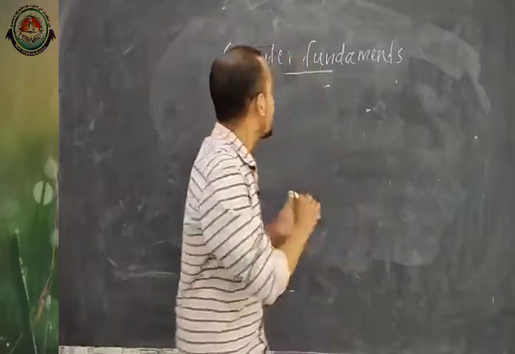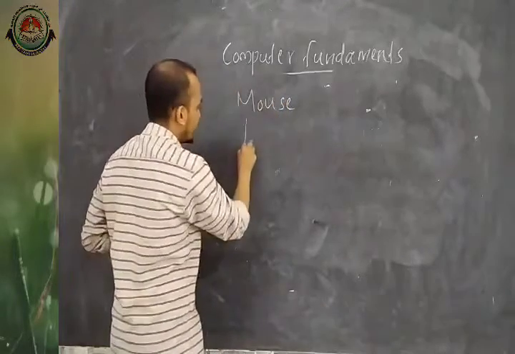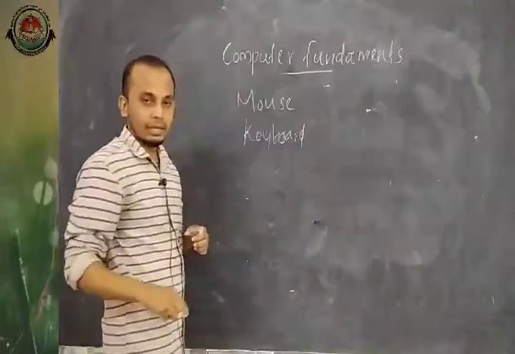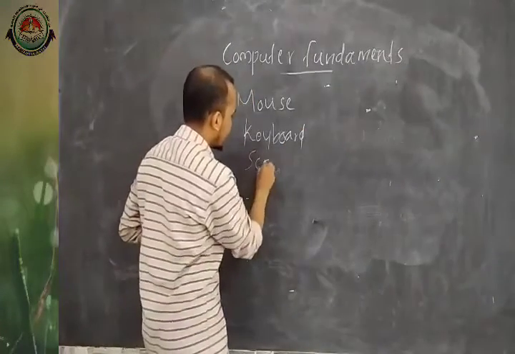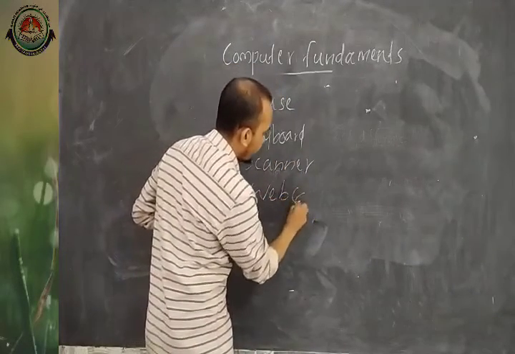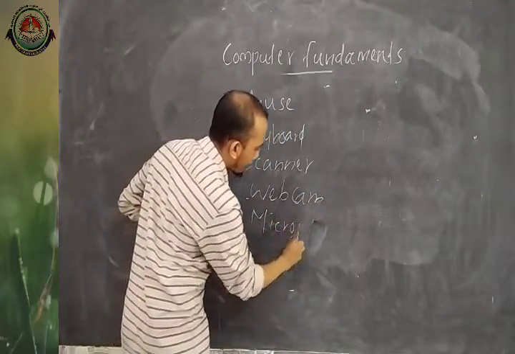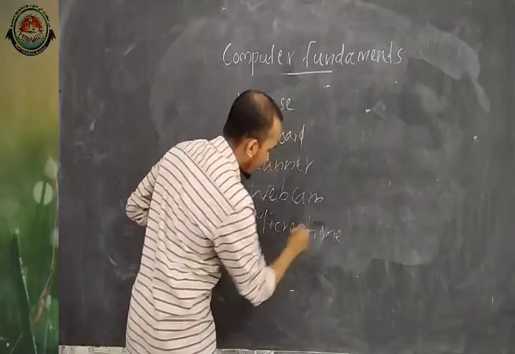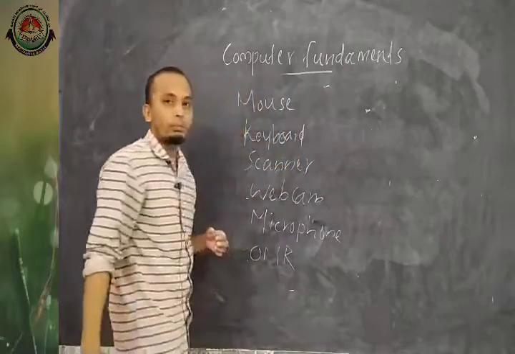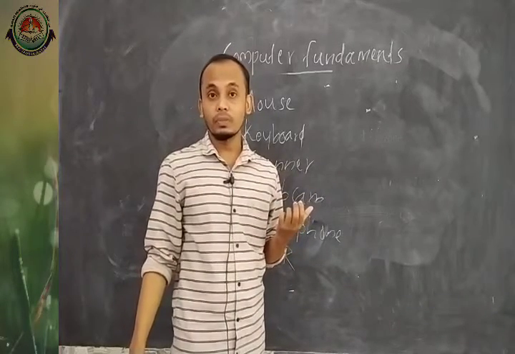For example, mouse, then keyboard, then scanner, webcam, then microphone, then optical mark reader, OMR. What is OMR?